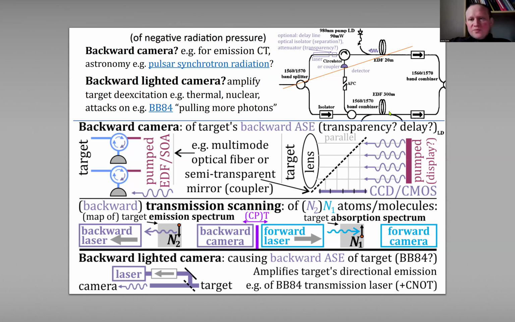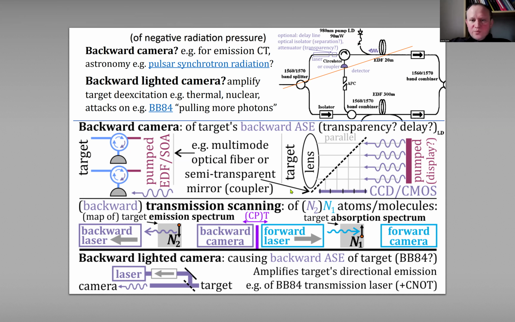One could be monitoring of this population. For example, for a two-dimensional camera, you would have a pumped surface, maybe made of erbium-169 for gammas. We have this pumped display, and now we could monitor its population. This is one direction. Another direction could be that we put, let's say, a semi-transparent mirror here, and here put the main CCD or CMOS matrix camera.